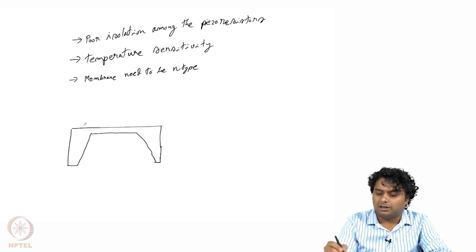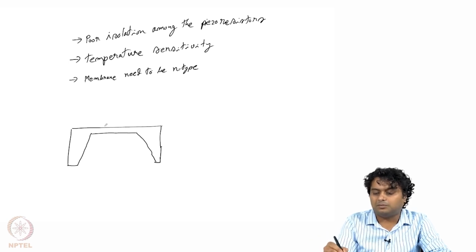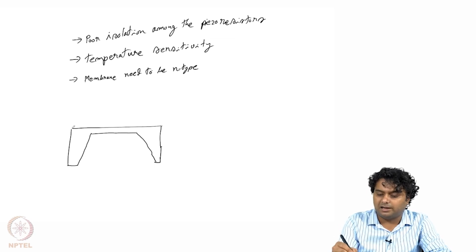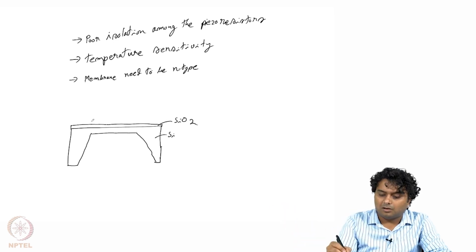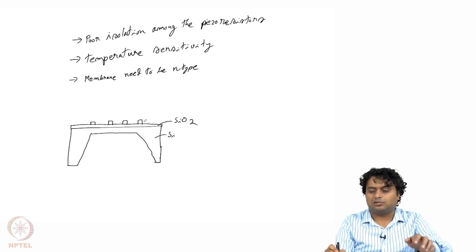This is the membrane, and then rather than putting the piezo resistor directly on top of the membrane, we put an oxide layer, and then on top of that we put the polycrystalline piezo resistors. So these are the 4 piezo resistors.